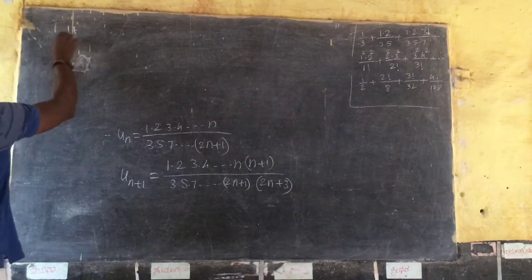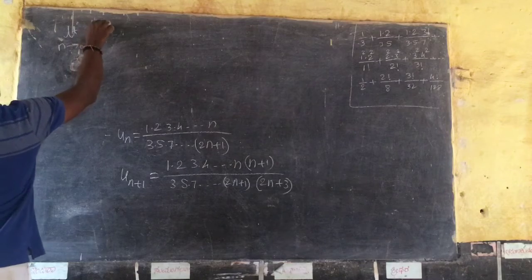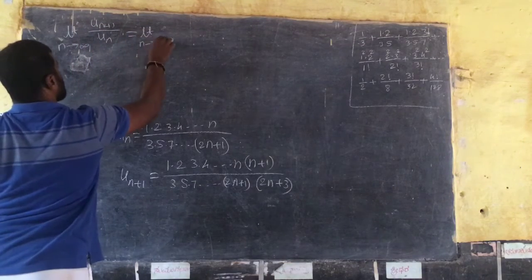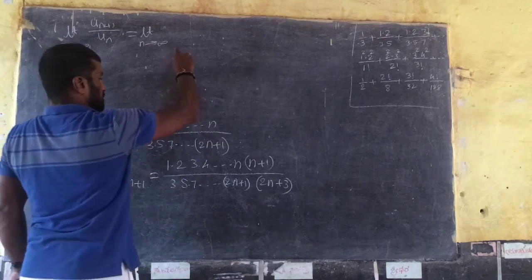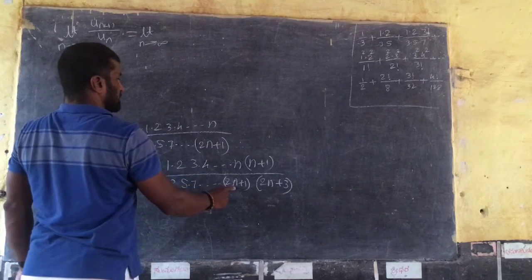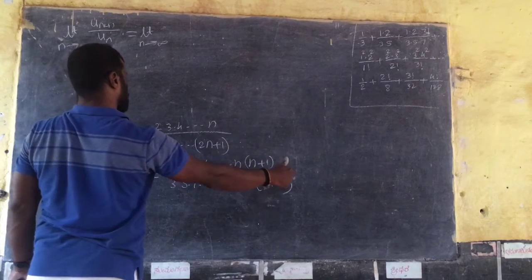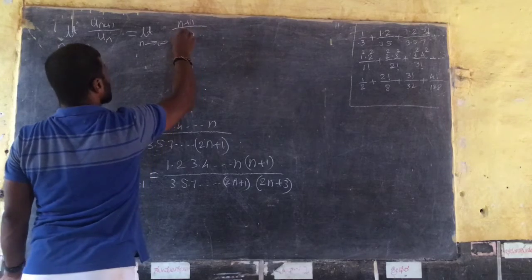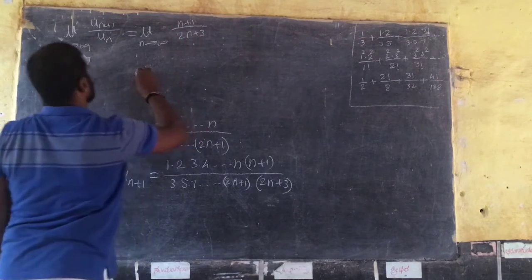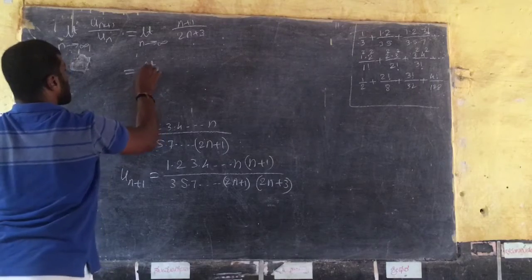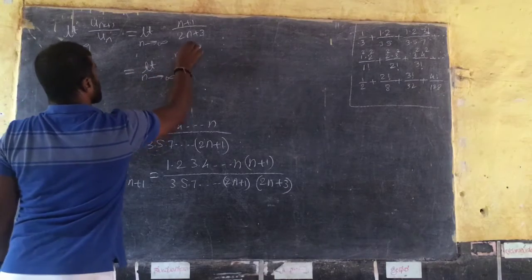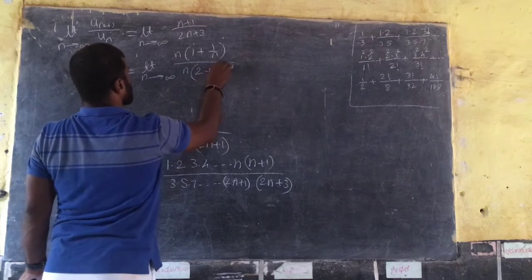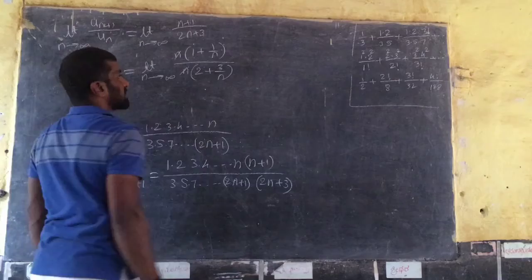So two terms get cancelled, into 2n plus 1 divided by this, simplify, we get only n plus 1 divided by 2n plus 3, right? So taking n common, 1 plus 1 by n, divided by n taken common, 2 plus 3 by n, so the n gets cancelled.